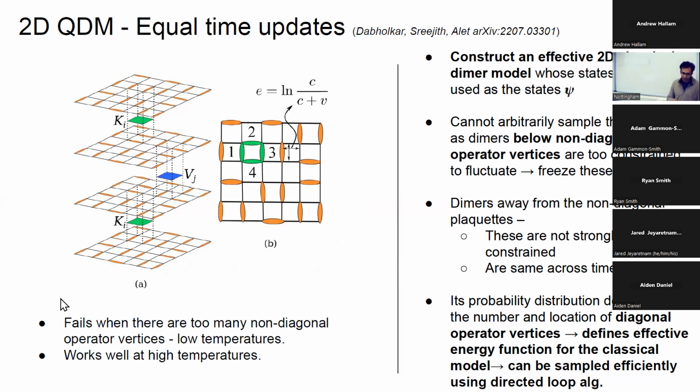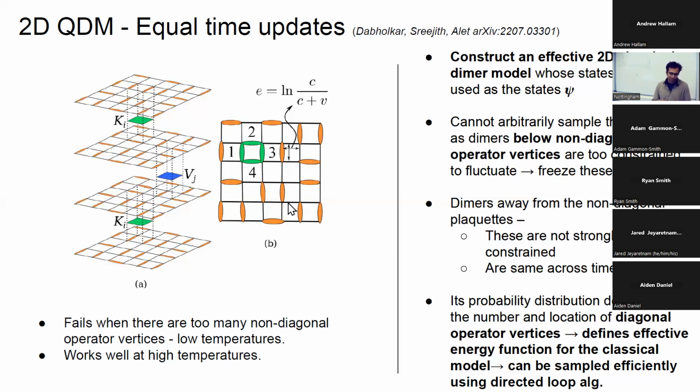If there are too many non-diagonal plaquettes, we will have to freeze a large number of plaquettes, and that leaves very little room for the directed loop update to be performed. And in those cases, the algorithm fails. It turns out that at high temperatures, this is not an issue.